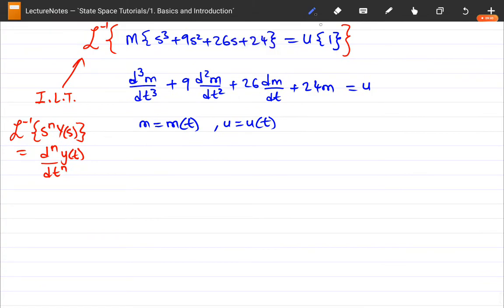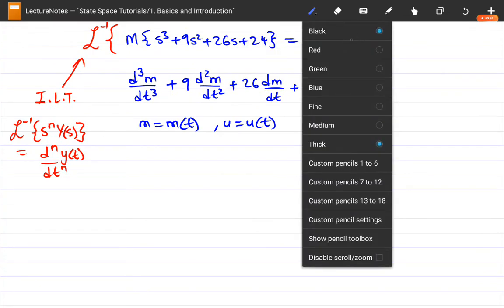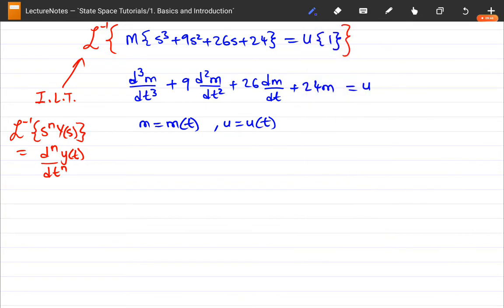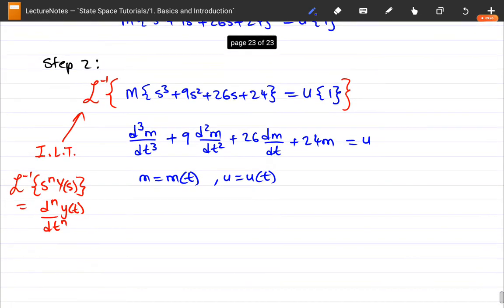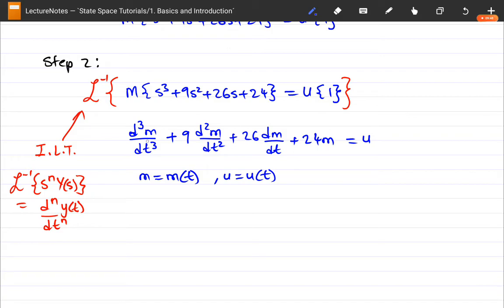Before we move on to the next step, for those who have been following this series, we know we're going to have to isolate this. So I want to make this the subject immediately here before we move further, so that we can use it later without having to do this all over again. It's just a bit of rearranging.